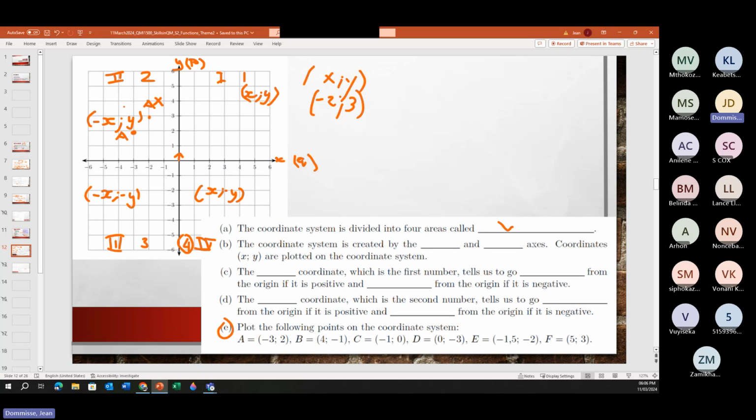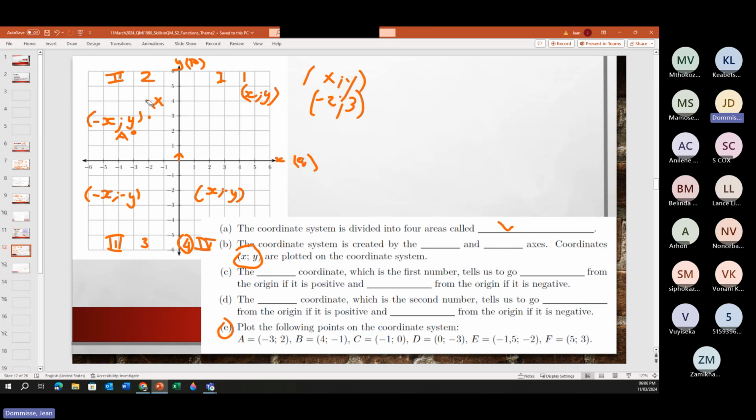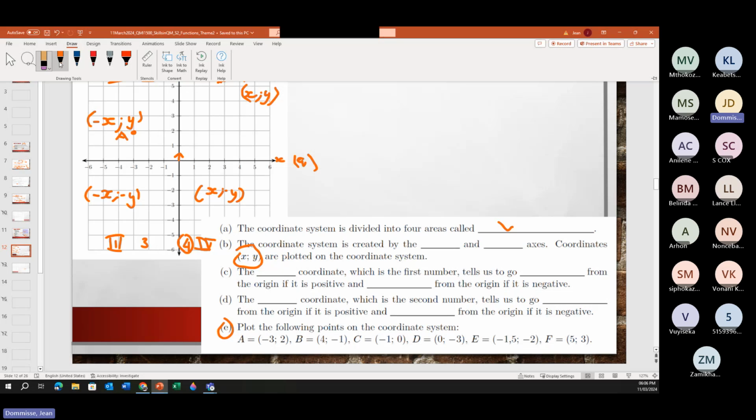So again, very important to look at the X, Y, and then plot it accordingly. Let's look at those 5 or 6 plots, but we just quickly go through it so that if you get something like that, you can do it.